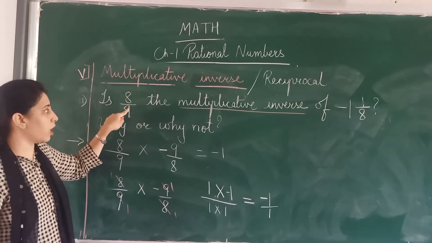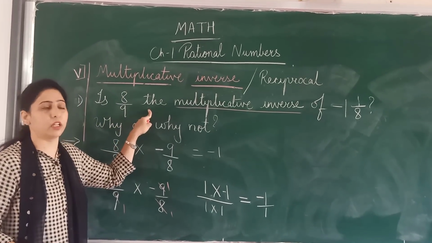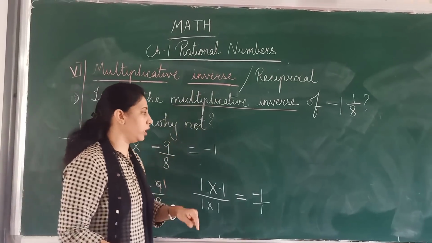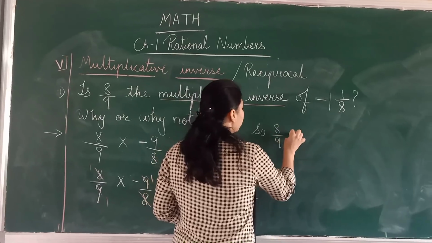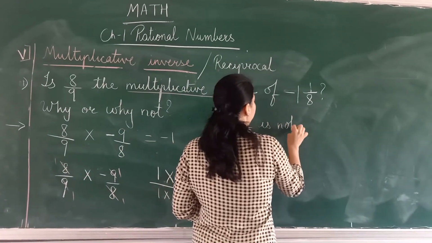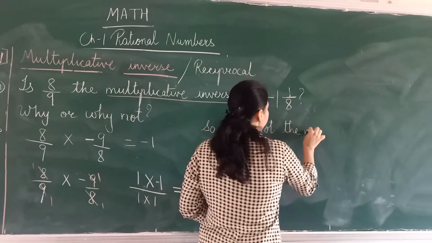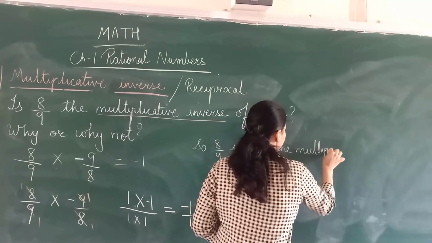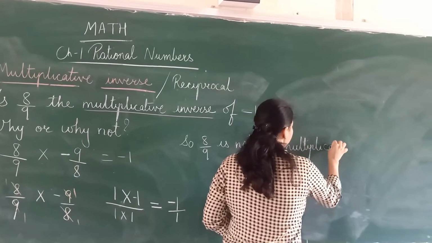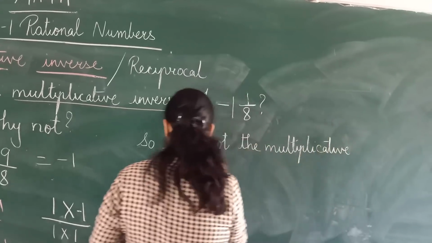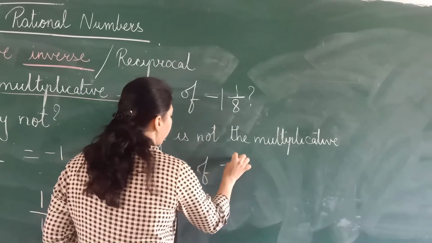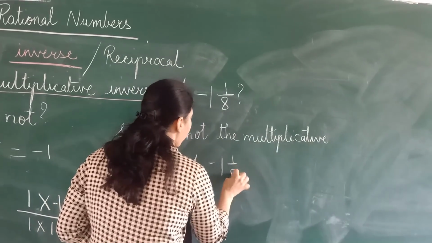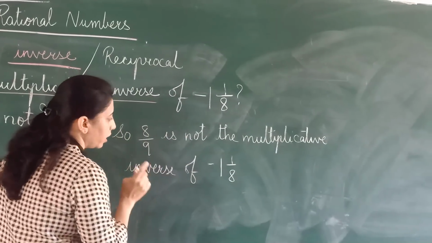That 8 upon 9 is not the multiplicative inverse of minus 1 integer 1 upon 8.